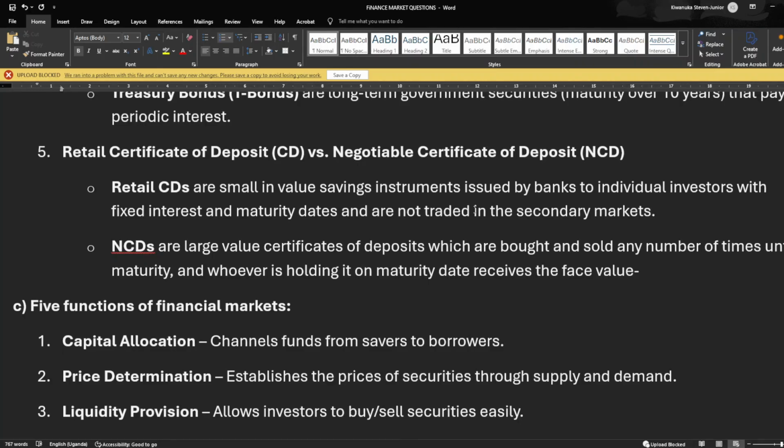Retail certificate of deposit versus negotiable certificate of deposit.